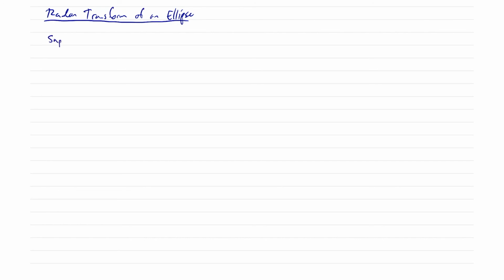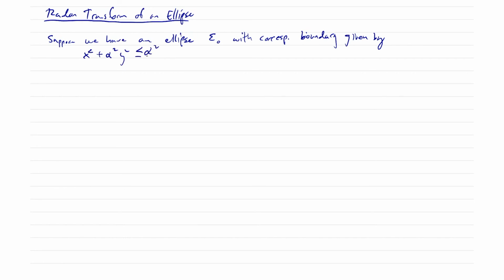Suppose we have an ellipse, say epsilon naught, with corresponding boundary given by x squared plus alpha squared y squared equals alpha squared.